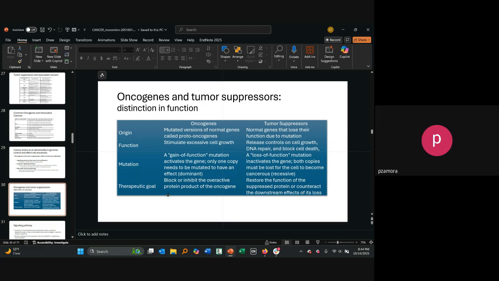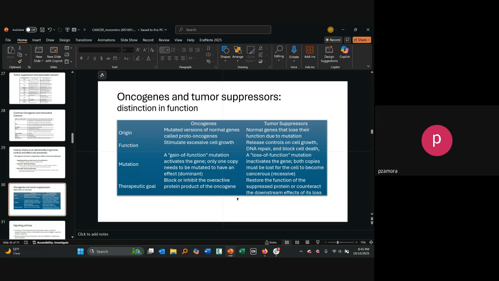Okay, earlier we had a little bit of a discussion about TP53 and can you force oncogenes to go the other way? We sort of revisit that issue here because the therapeutic goal when you talk about oncogenes is to block or inhibit an overactive protein product of the oncogene.